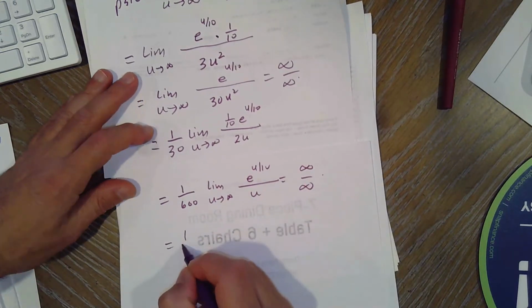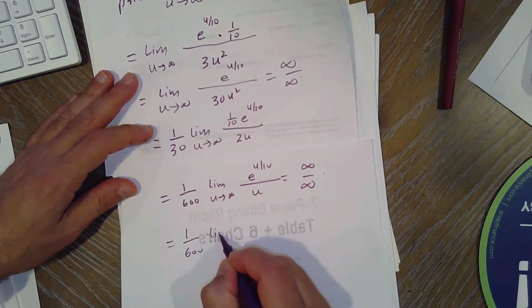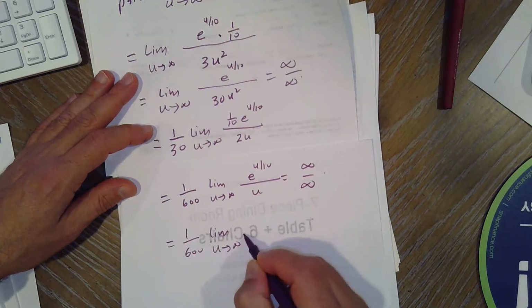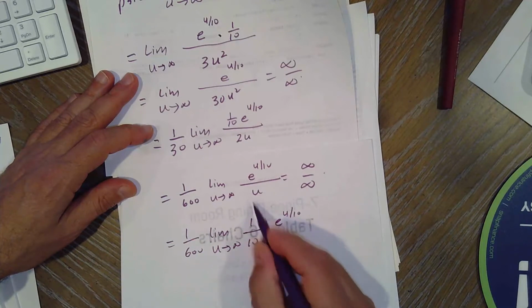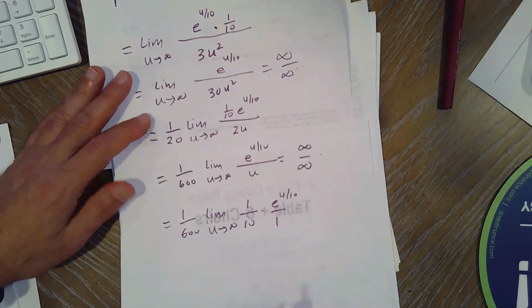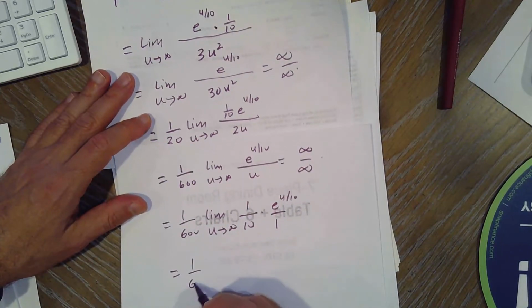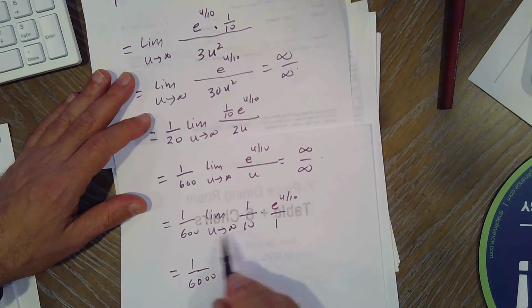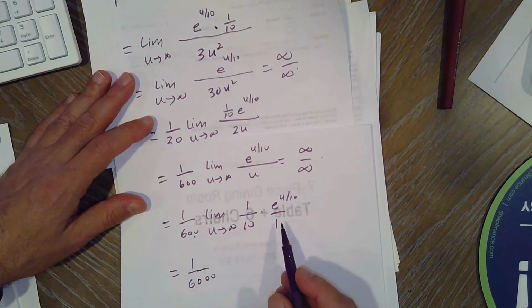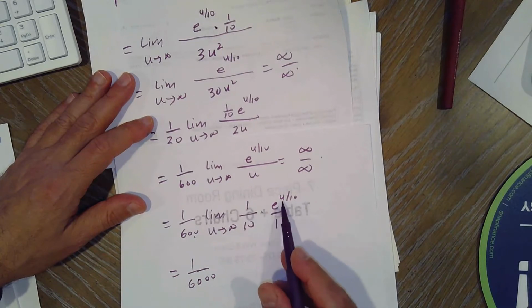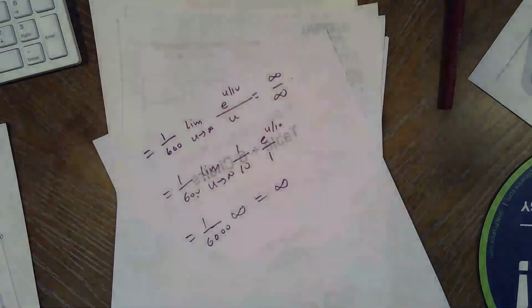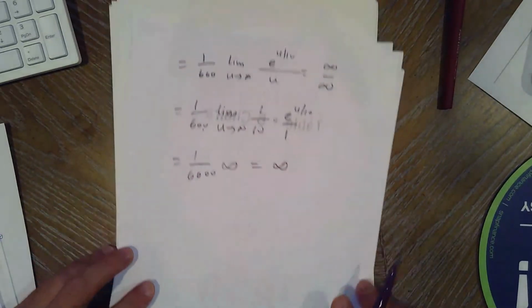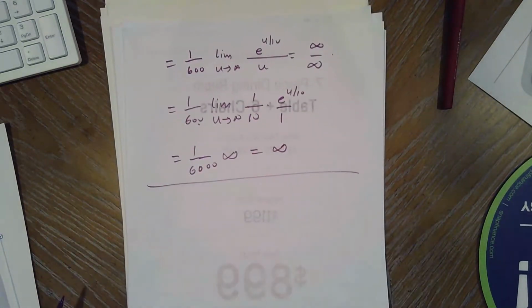One more derivative. Again, it's 1 over 10 e to the u over 10 divided by 1, because the derivative of u is 1, which is 1 over 6,000. 10 times 600 is 6,000. And then e to the infinity is infinity, which is infinity. So it took us a couple of derivatives, a couple of steps to get the answer.